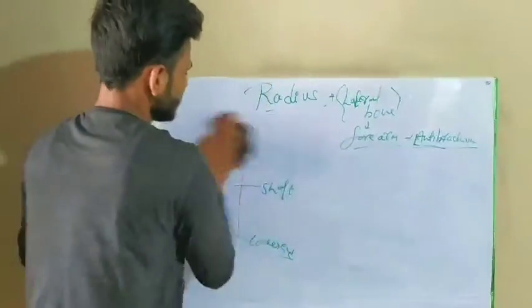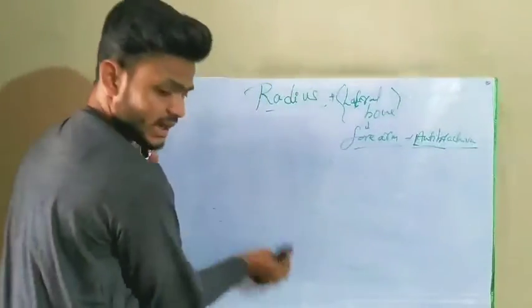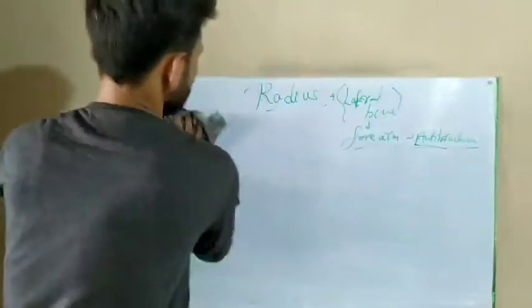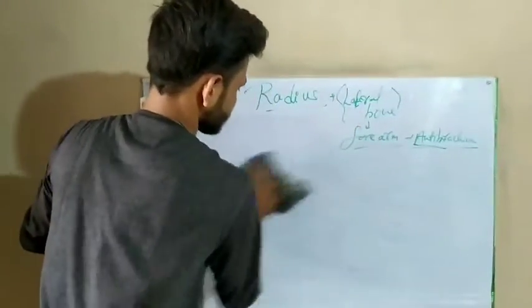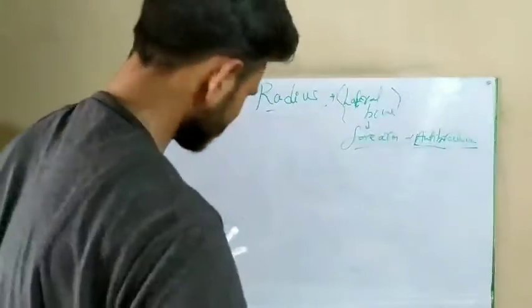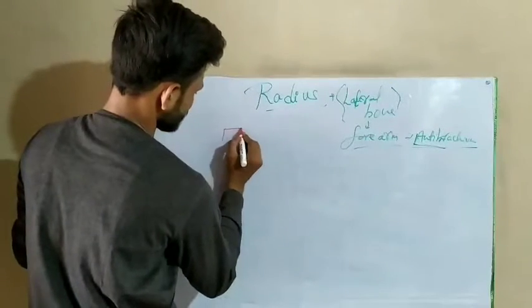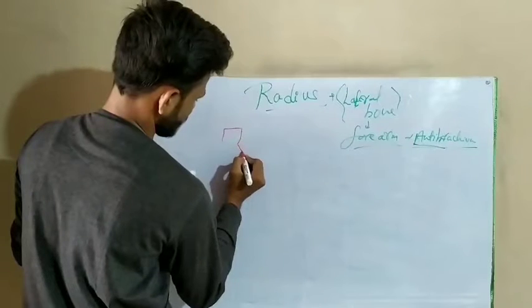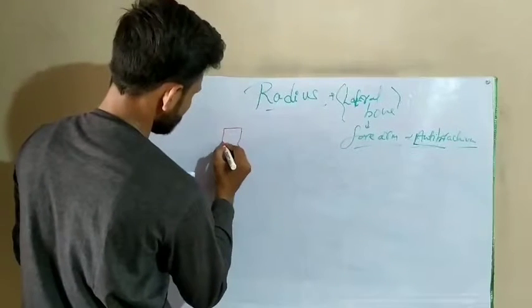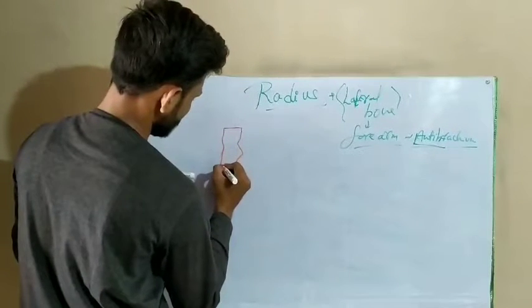For the upper end, I will draw a diagram of only the upper end. This is the upper end of the radius.